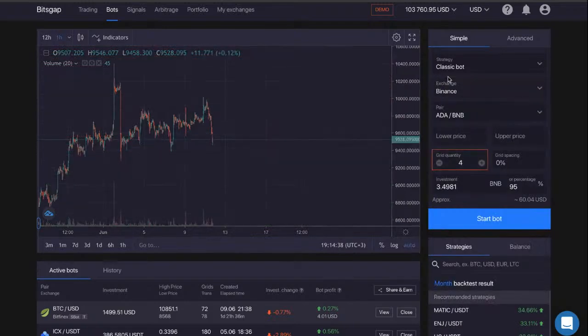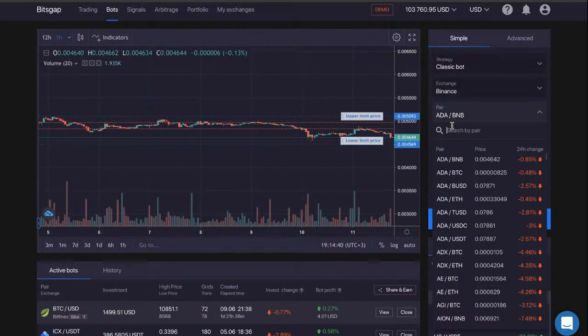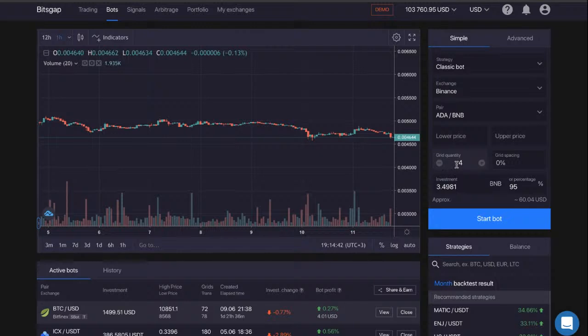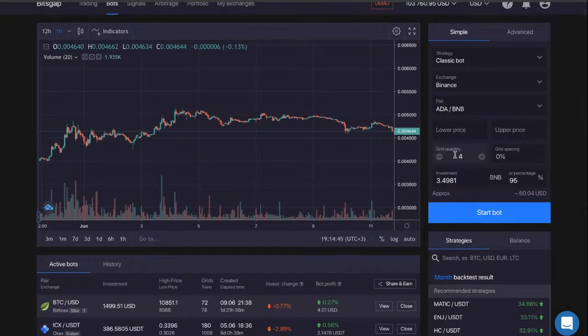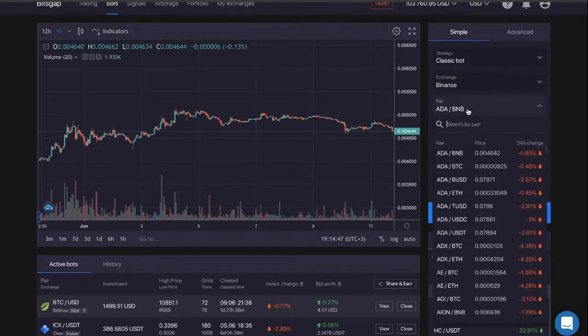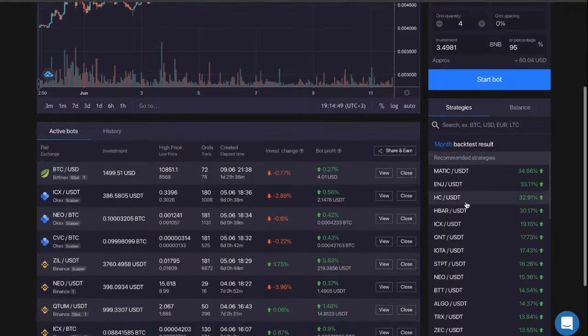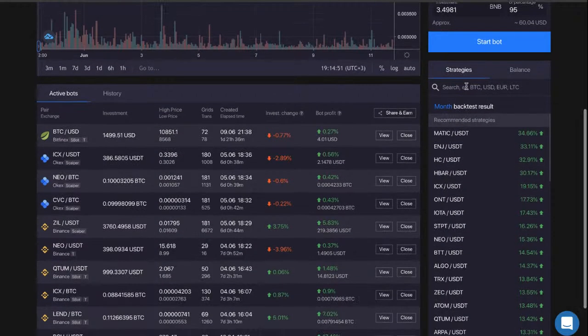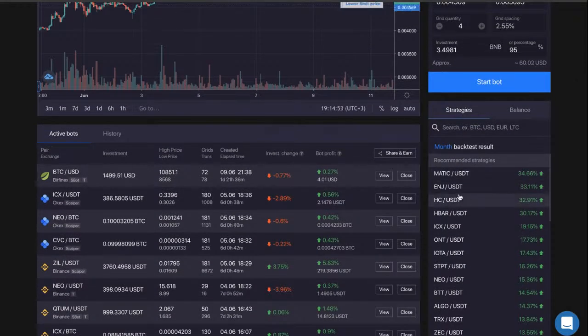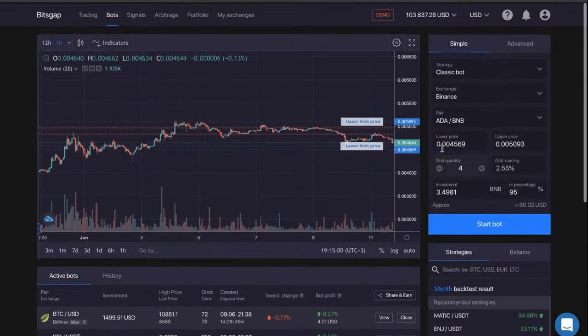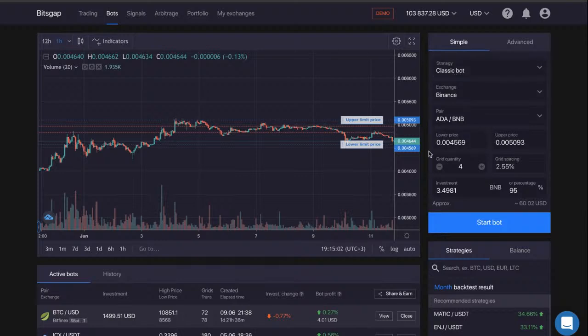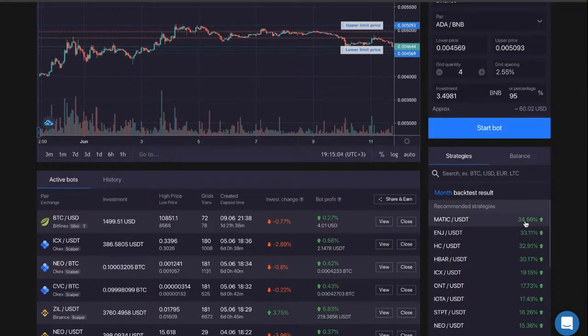And if I switch to Binance, for instance, well, no, actually let's use another one. Let's use those that we have recommended below. So on the right side here we have strategies, and you see that they are named recommended strategies. So these are recommended strategies specifically for the classic bot in terms of best return for the monthly period.